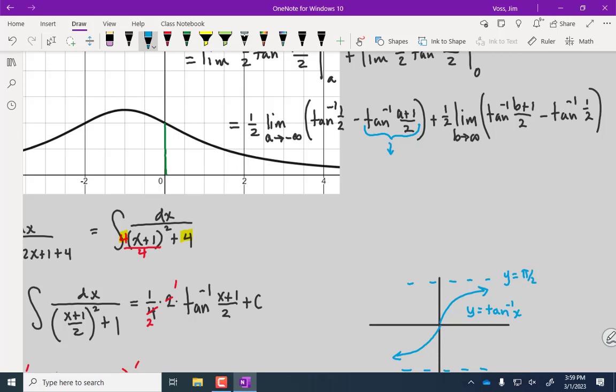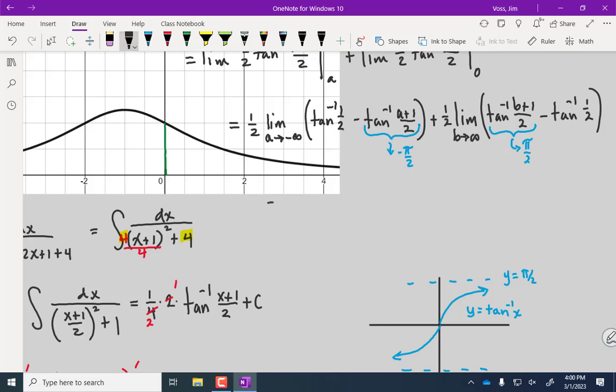The inverse tangent values are going to negative pi over 2. Over here, if we look at this inverse tangent, now b is going to infinity, which means the inside of arctan is going to infinity. So if the inside of arctan is going to infinity, the y values are going to pi over 2. Okay, so limits of inverse tangent.